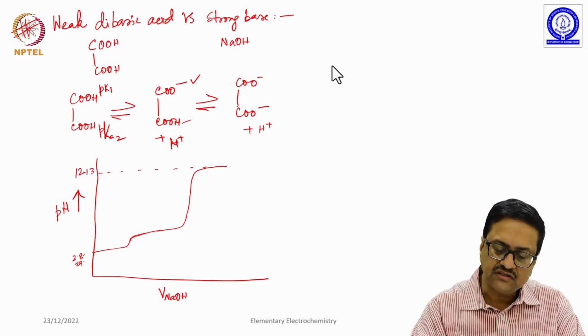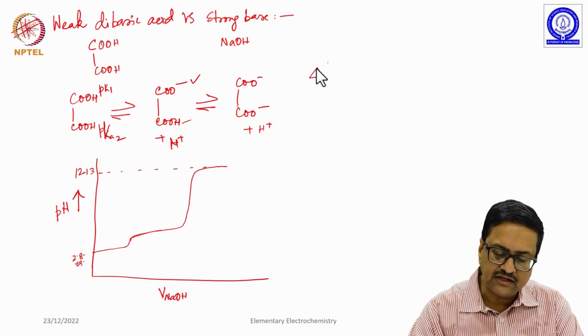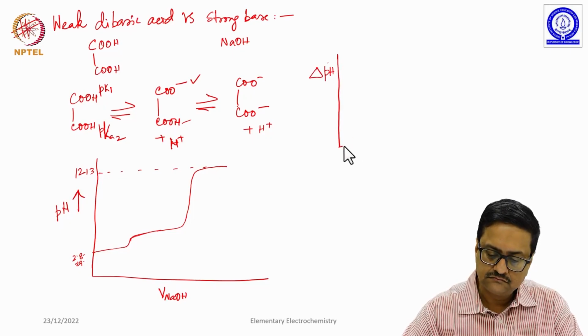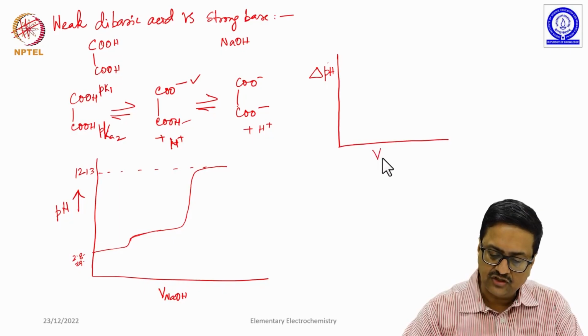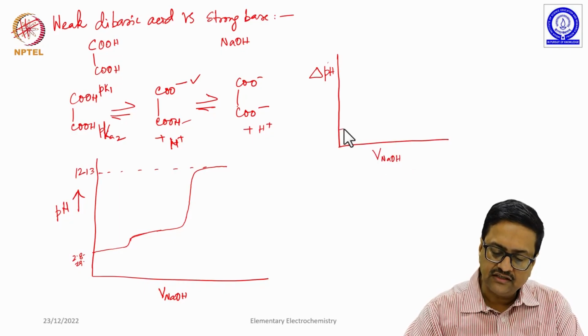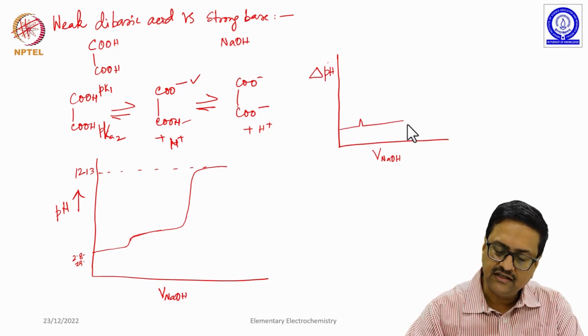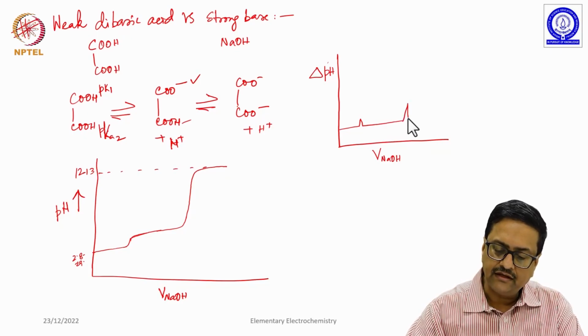Now, if we plot this experiment in terms of delta pH versus volume of NaOH, you will see that initially it was increasing. You have a small peak like that, it increases very little again, and then a tall peak.